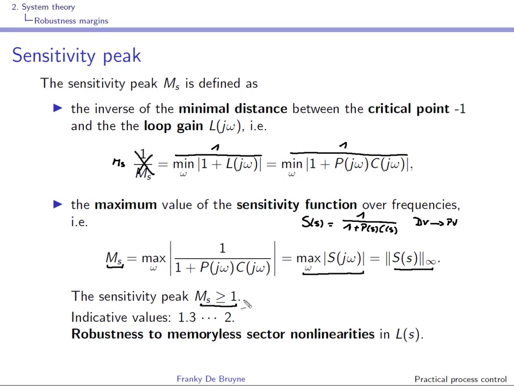It should of course be as small as possible, but indicative values are in the range 1.3 to 2. And we'll see that the smaller the sensitivity peak, the more robust you are to the presence of sector nonlinearities in the control loop.